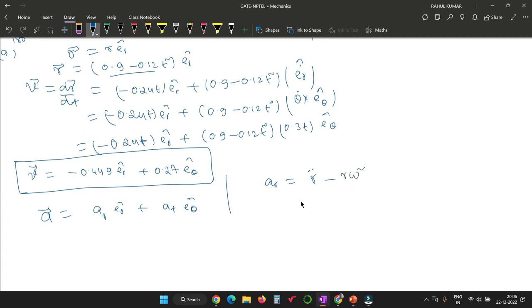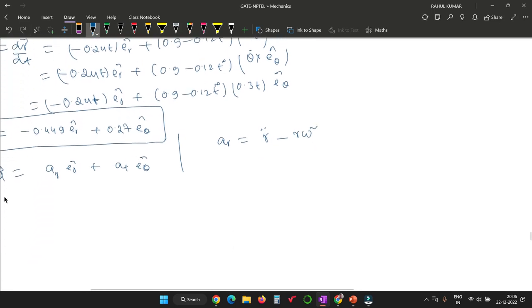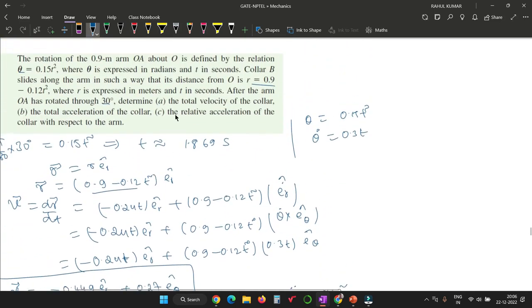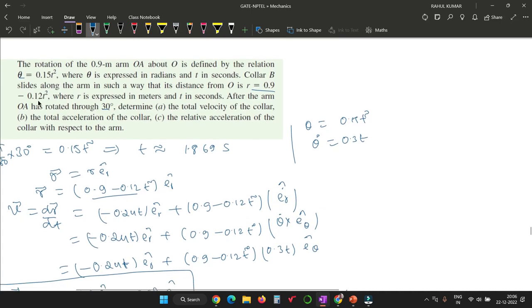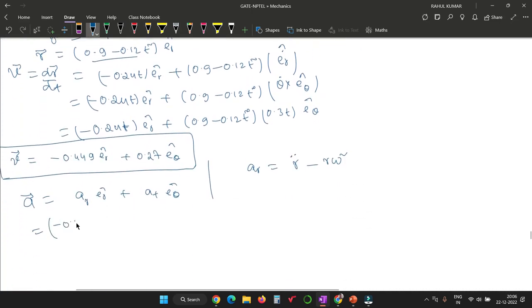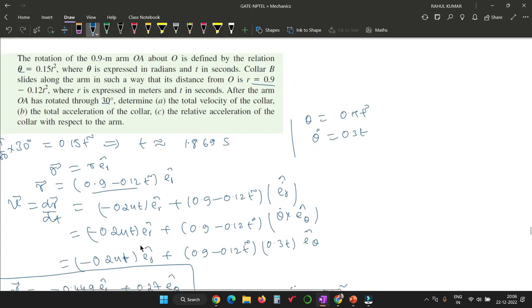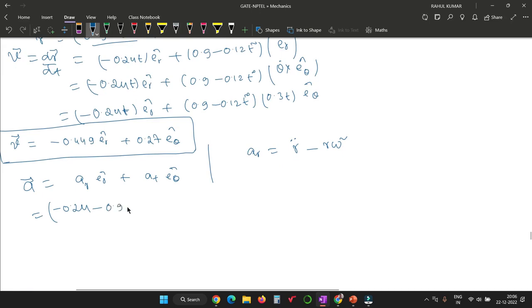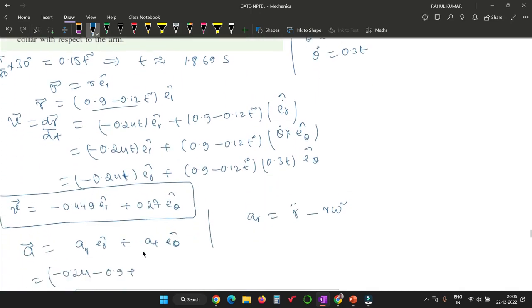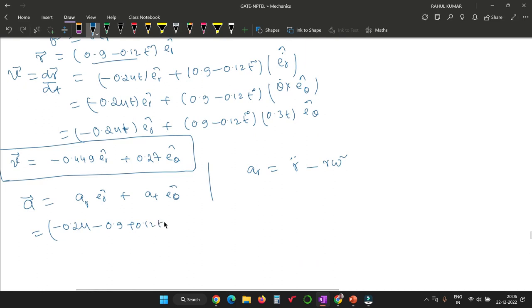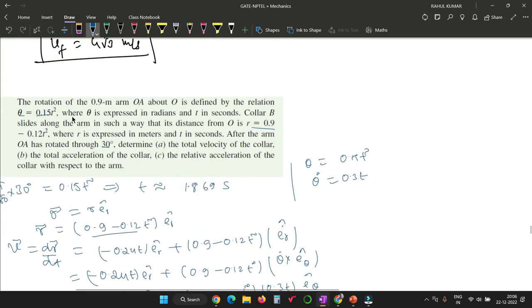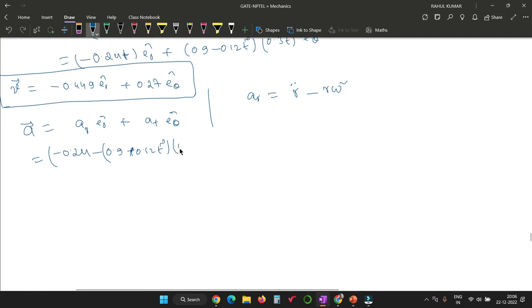Here r double dot is minus 0.24, minus r omega square, where r is 0.9 minus 0.12 t square, and omega is the derivative of theta, 0.3 t. This is the radial component.